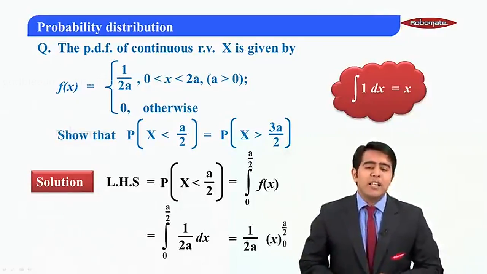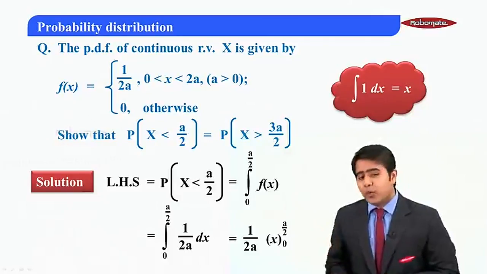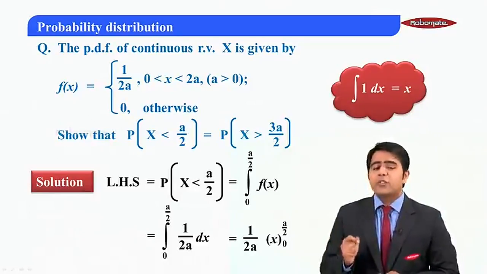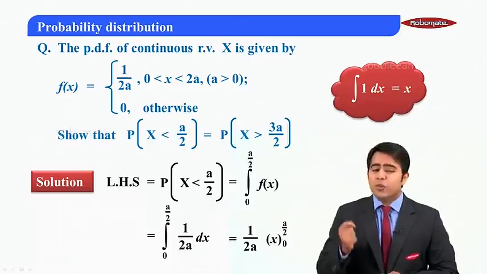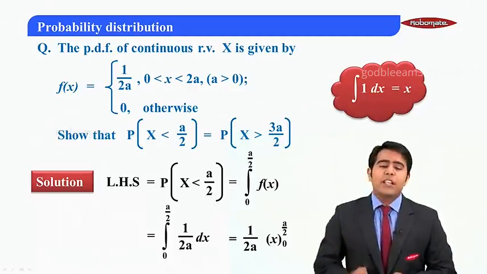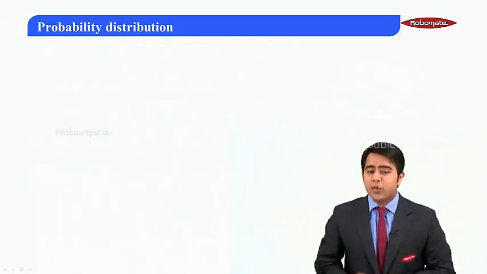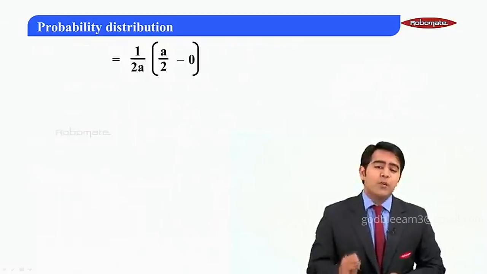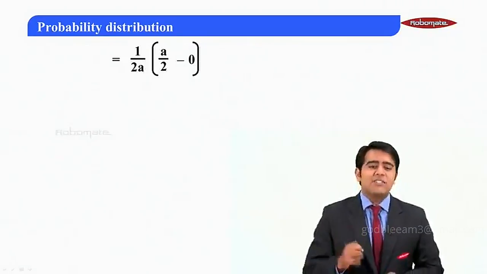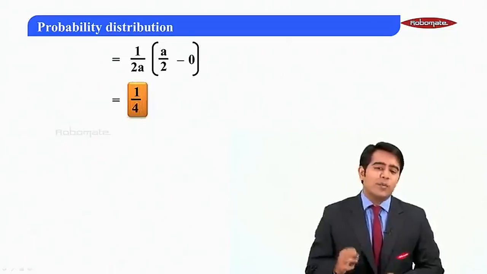Substituting the value here, I get the integral as 1 upon 2a of x from 0 to a by 2. Substituting the limits, I get the value as 1 upon 2a into a by 2 minus 0. So this value will be simply equal to 1 upon 4.